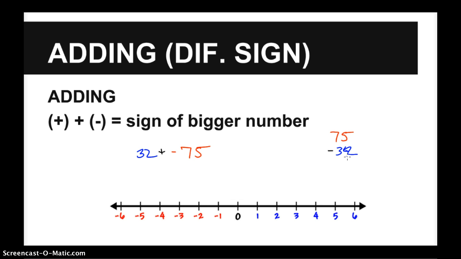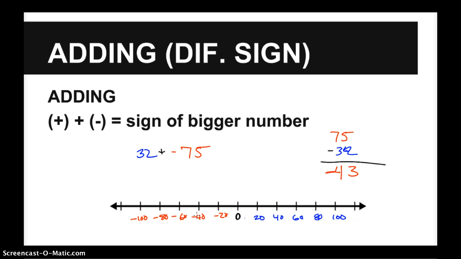Even though 32 is actually a bigger number than negative 75, I'm going to just think of it almost like the absolute value of each one. So 75 minus 32, I have 5 minus 2 gives me 3. 7 minus 3 gives me 4. And it's going to be a negative 43 because my bigger number here is negative. 32 plus negative 75 is negative 43.